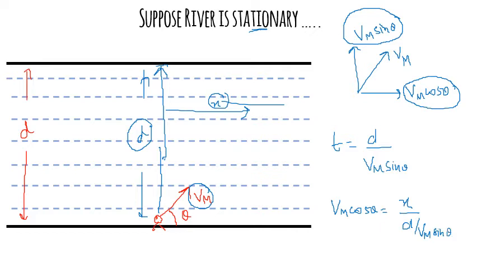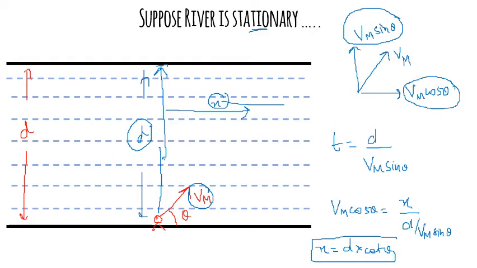So x equals Vm cos theta times d upon Vm sin theta. Vm and Vm cancel out, and the answer will be d cot theta.